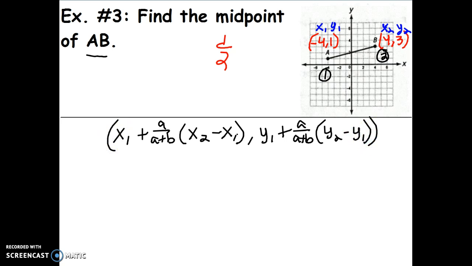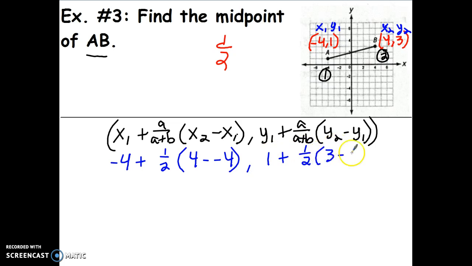All right, so let's begin plugging our information in. Our x1 is -4 plus our fraction, which is 1/2. Our x2 is 4 minus x1 is -4. Y1 is 1 plus 1/2. Y2 is 3 minus 1.